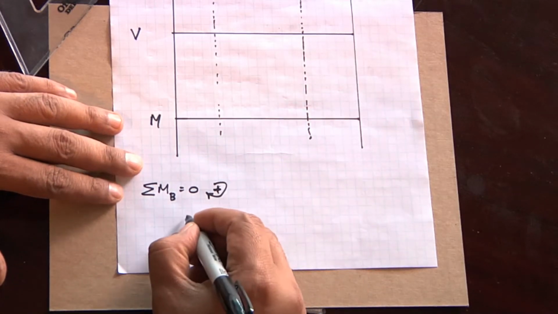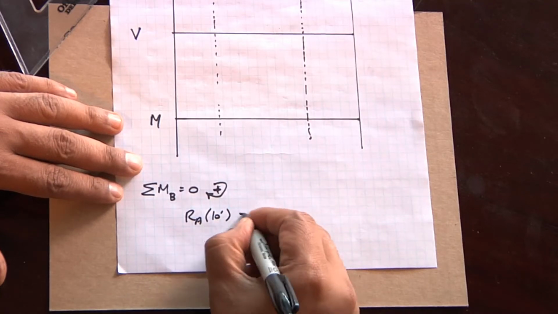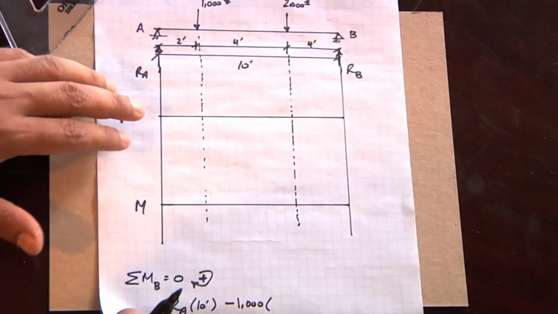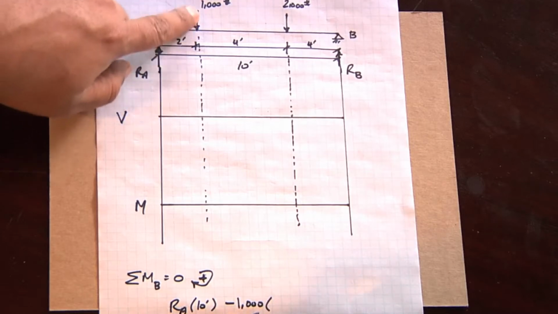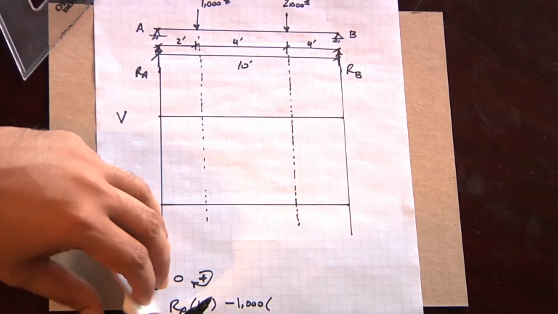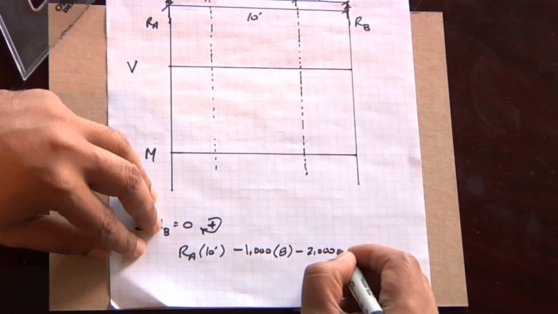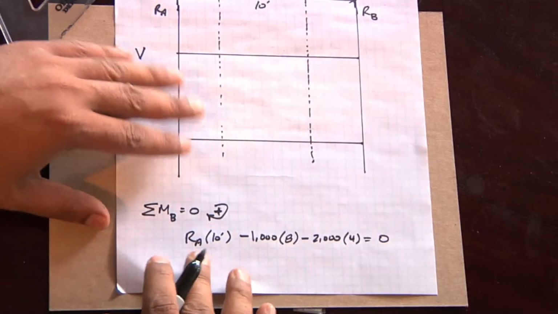And so if we do that, we have RA times 10 feet minus 1,000, which is this force, times 8, minus 2,000 times 4 must equal 0, just using basic statics.